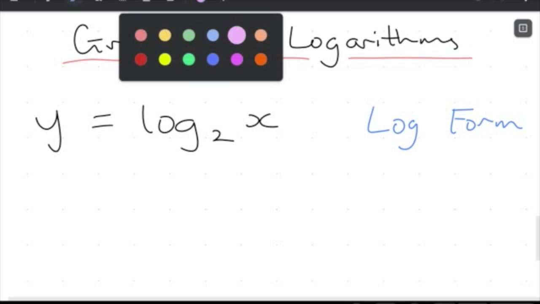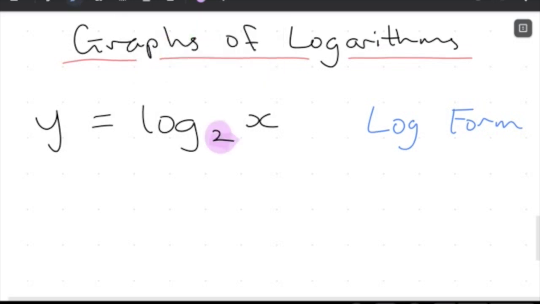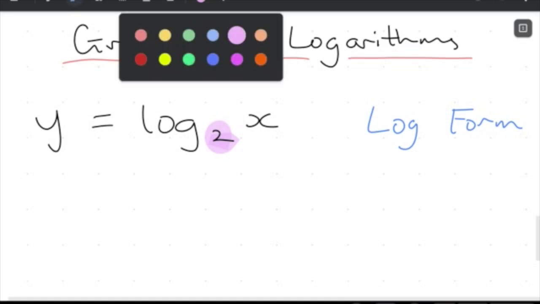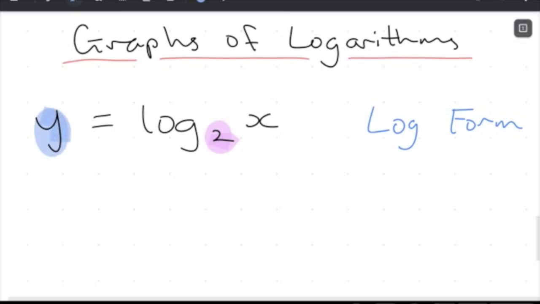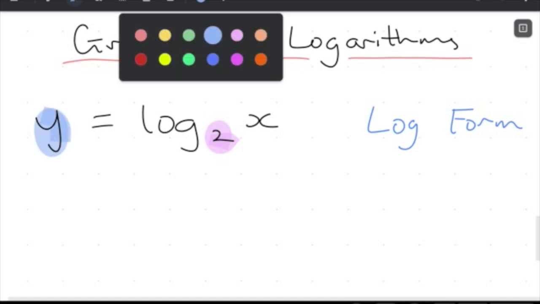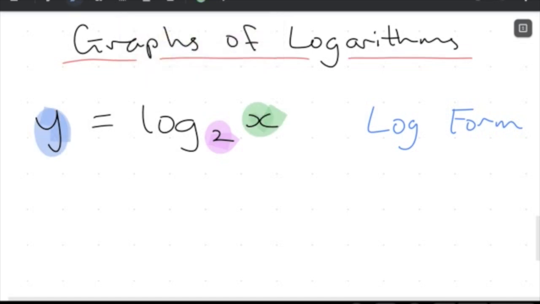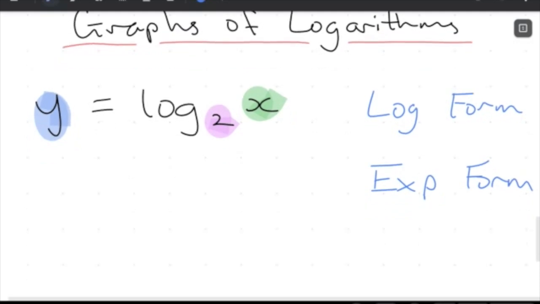So we're going to consider a few things. We have the base over here, we have our power over here, if we remember from the previous videos, and we call that our answer over here. So if we wanted to write this in exponential form, we're going to change this up a little bit.